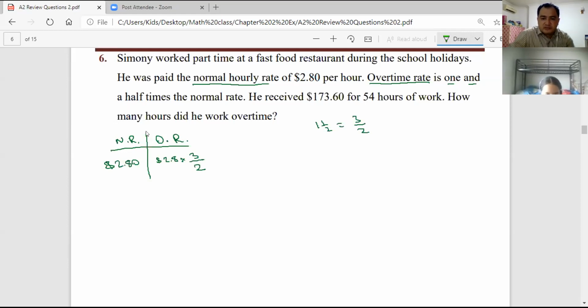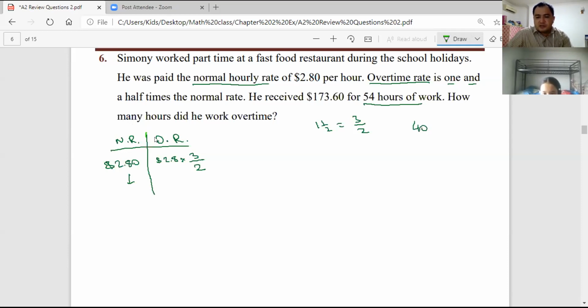Then we continue here. He received $173.60 for 54 hours of work. How many hours did he work overtime? Here, normal hours, I don't know what it is. One more thing you should know, Shahina: what we mean by normal hours, and how many hours are considered normal.